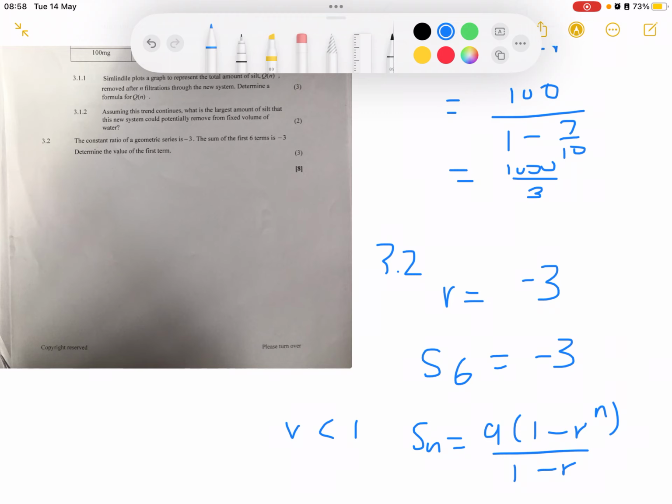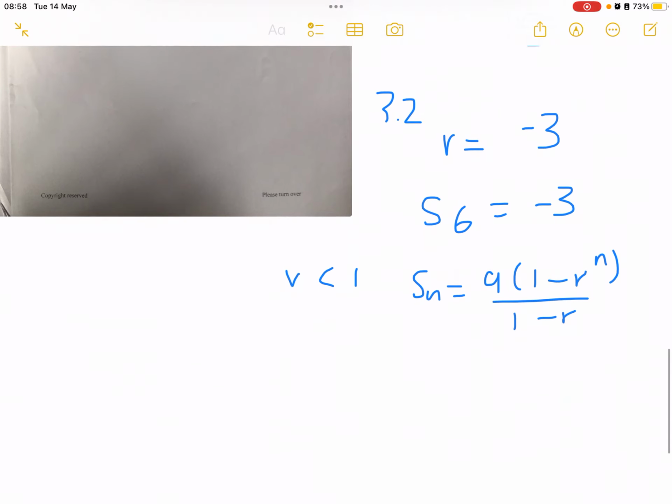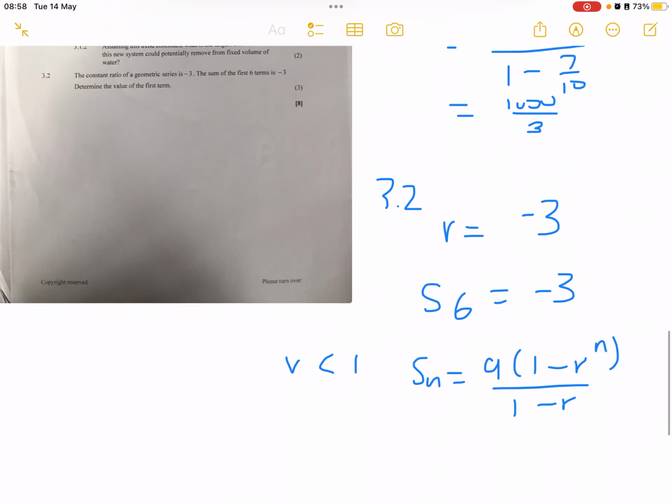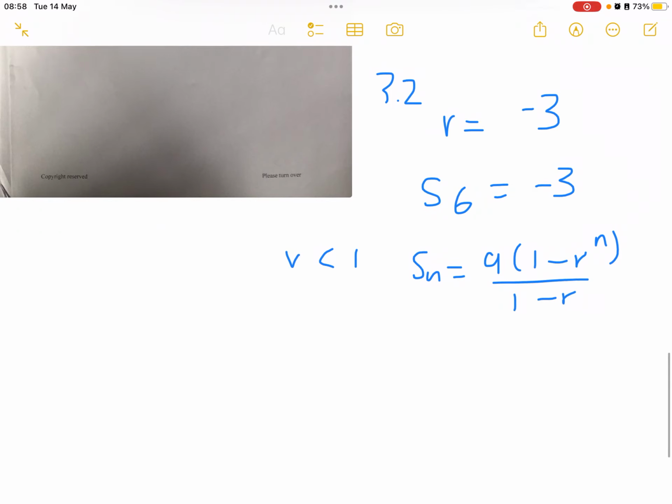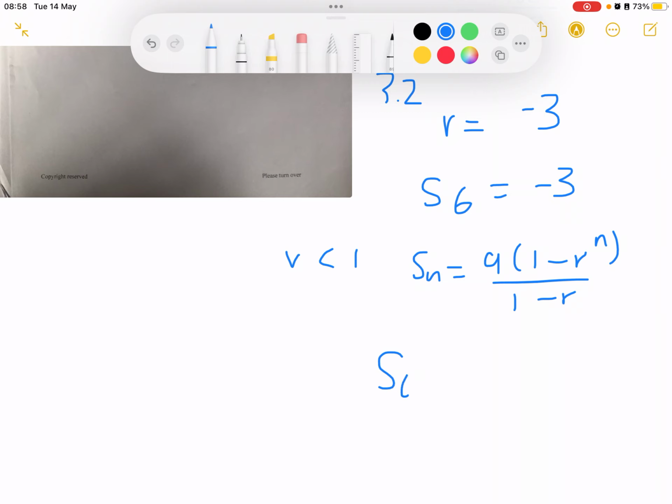Now, when we substitute, because we have to calculate the first term, which is a, we need to first simplify that we're looking for S6, which is given by a times 1 minus negative 3 to the power of n, all over 1 minus negative 3.